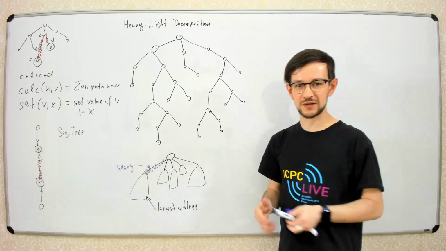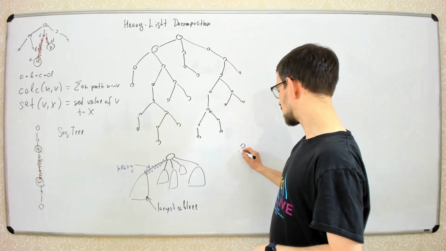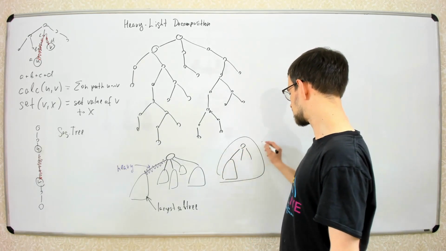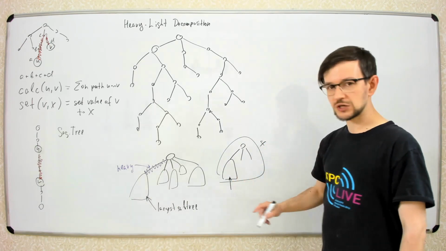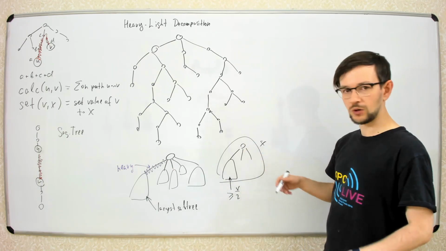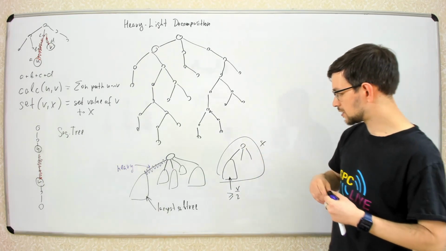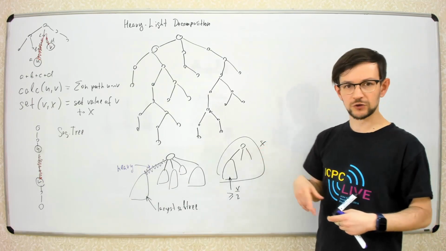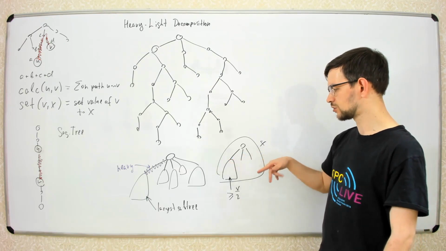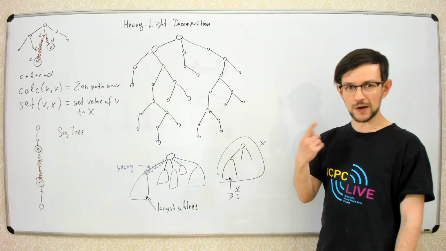Another way to define the heavy light decomposition, maybe you see it in other lectures, is to say that a child is heavy if its size is at least half of all the elements in this tree. In this definition, some node may have no heavy children at all. And if you have any heavy child, then you have only one heavy child.